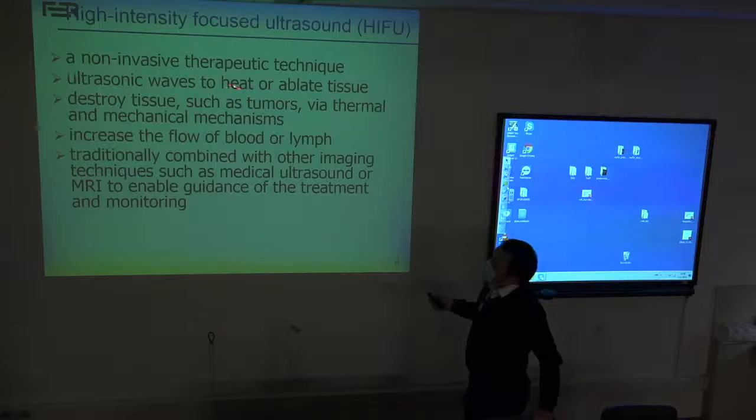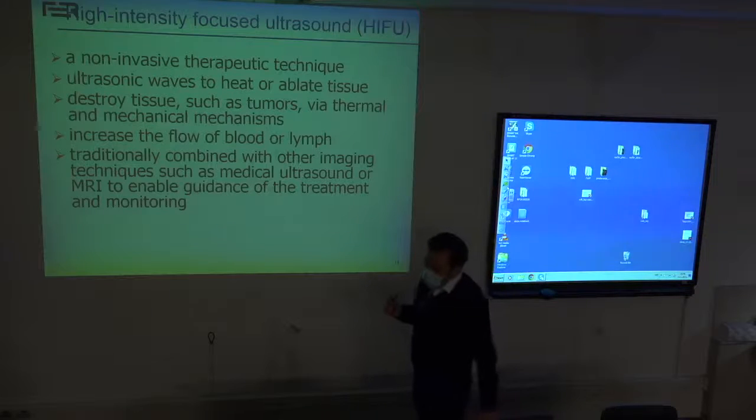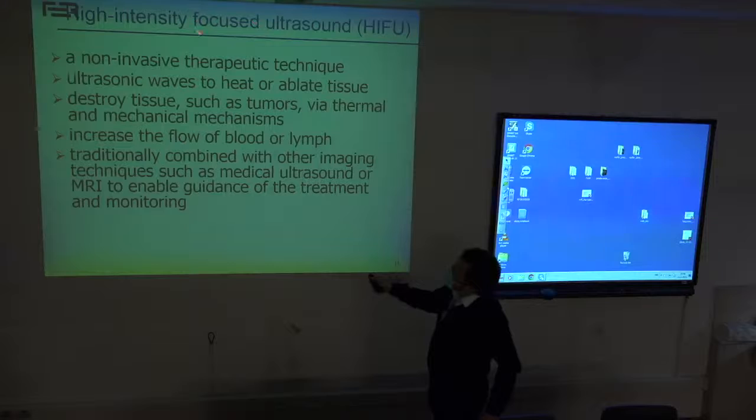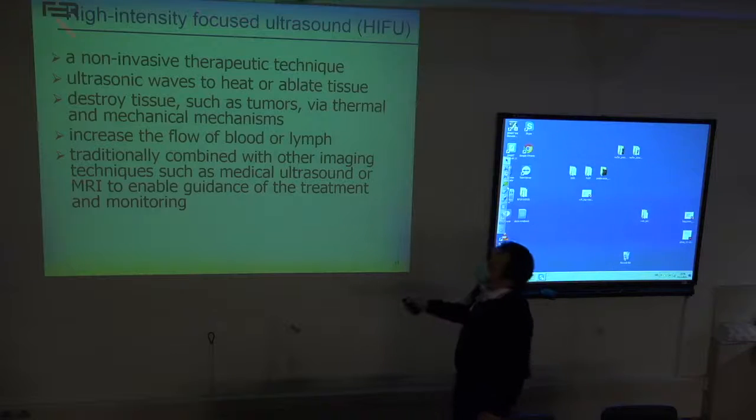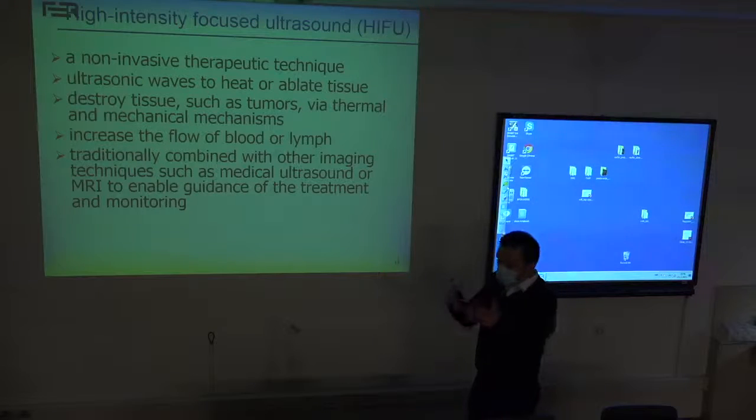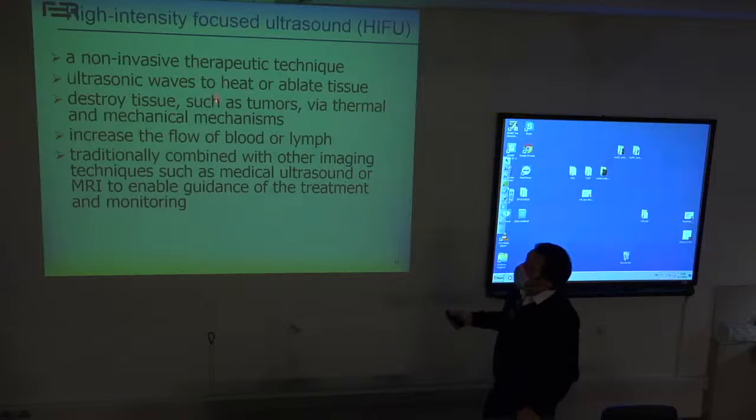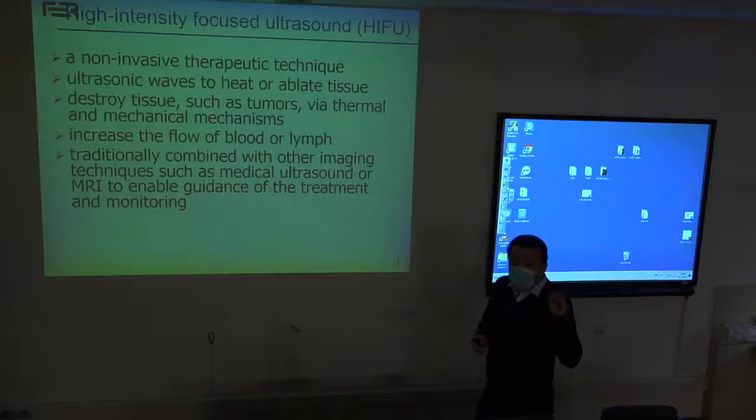The difference here is that you focus this high-intensity ultrasound, so you really have to find some smaller point, and there is no need to have a contact with the probe.